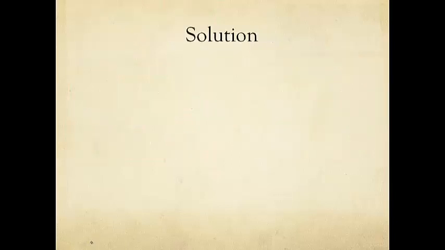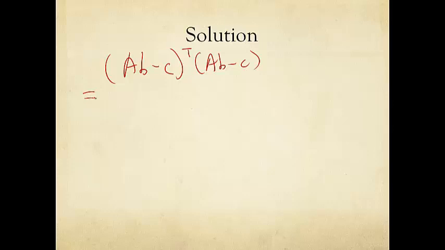So the question is, how do we solve a least squares problem in general? Well, in general, we want to minimize the L2 norm squared of AB minus C, which can also be written out as AB minus C transpose times AB minus C, just multiplying itself, inner producting with itself.